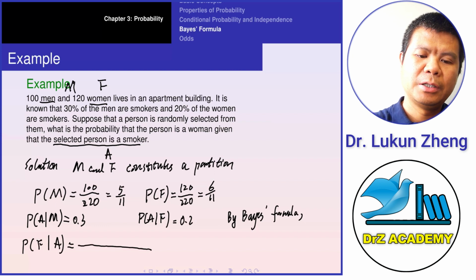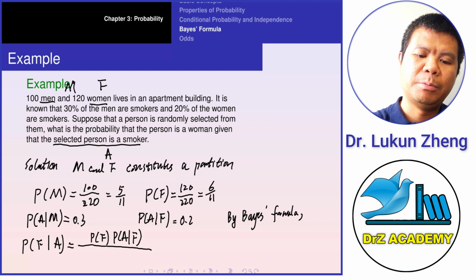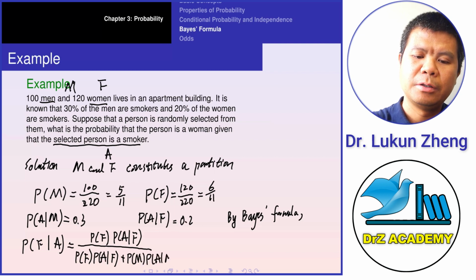On the top is the probability of female times P of A given female, over the bottom, probability of female times P of A given female plus P of male times P of A given male.